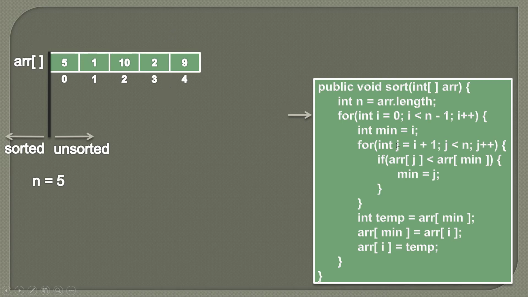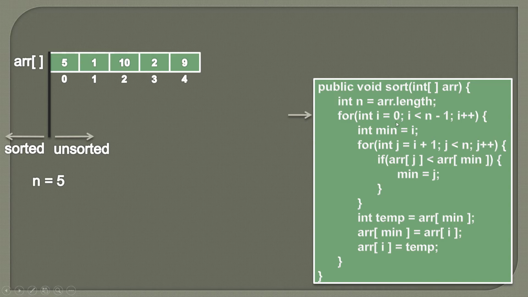Why do we traverse i to less than n minus 1? Because when we are on the last pass, the last element goes to its correct position, and we don't perform this algorithm on the last element because we know that element is at its correct position. We will see the demonstration of the algorithm and it will be more clear to you.